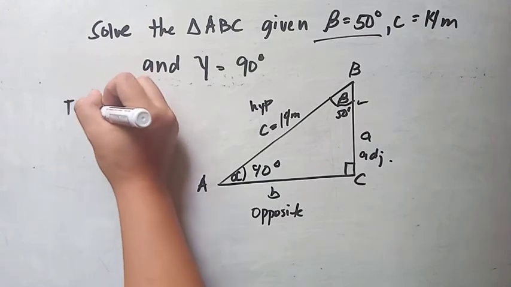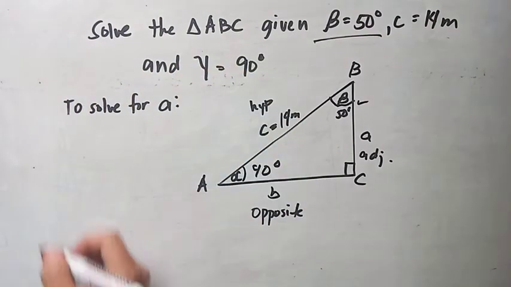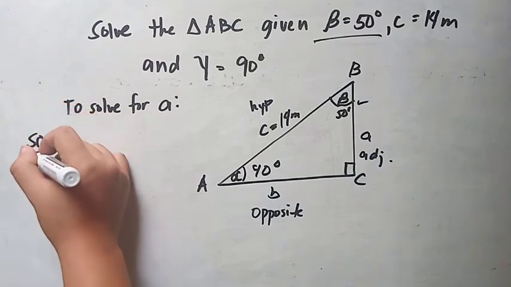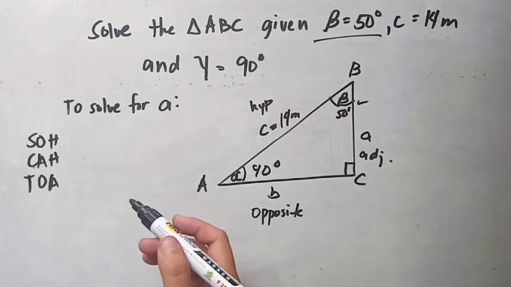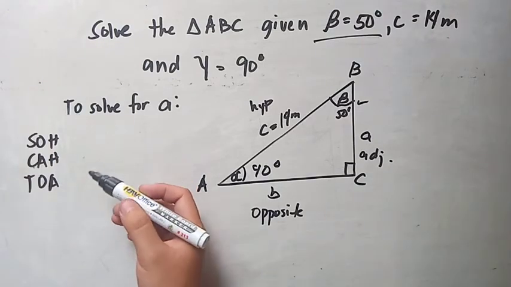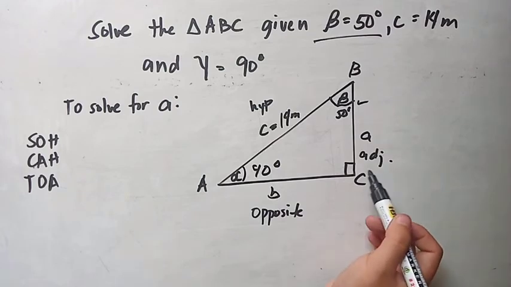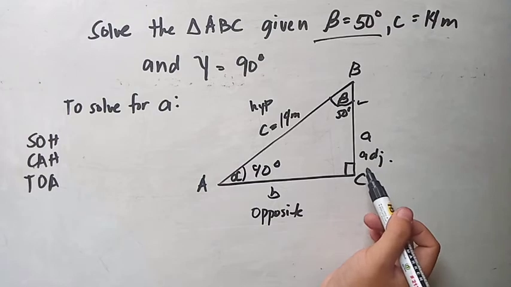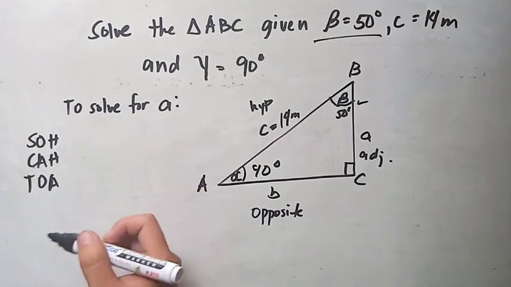So, to solve for A, gagamitin natin ulit si trigonometric function. Okay, so to solve for A, ano ba si A? Di ba, adjacent siya. Since adjacent siya, at hinahanap natin ang adjacent side, nasan kaya dito sa SOHCAHTOA?